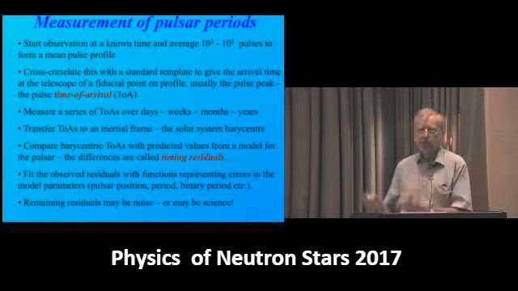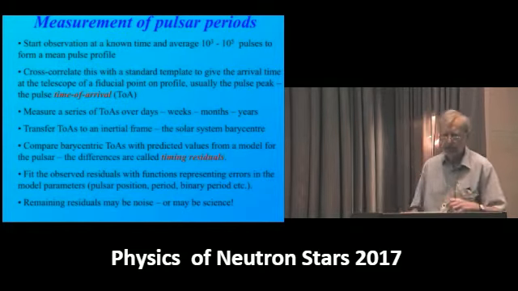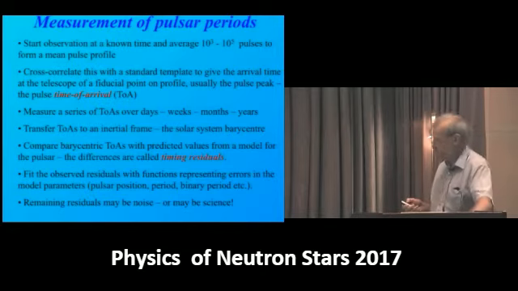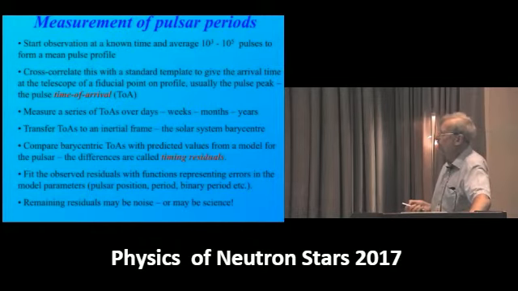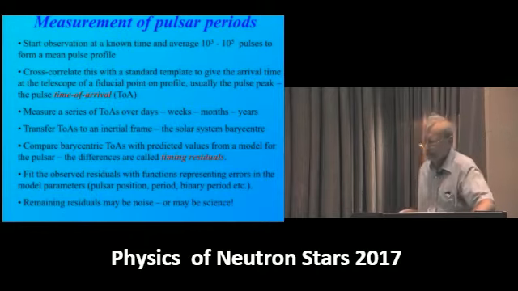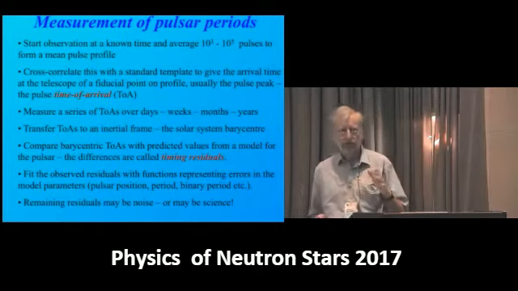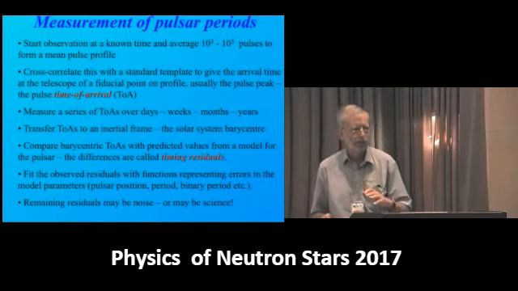Because the Earth is a moving frame, it's rotating, it's going around the Sun, we have to transfer these TOAs to an inertial frame, and we use the solar system barycenter for that. So we then compare these barycentric TOAs with predicted values from a model for the pulsar. The model for the pulsar includes its position, its pulse frequency.